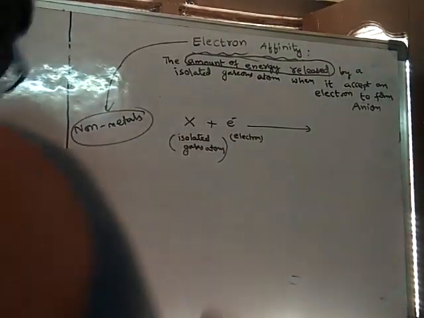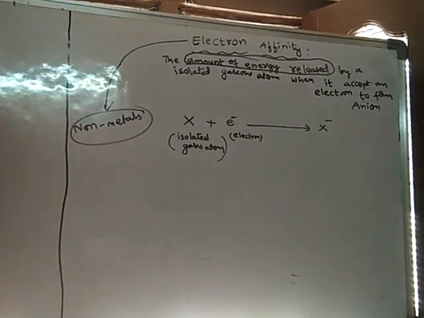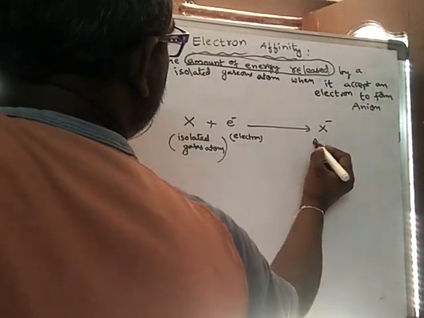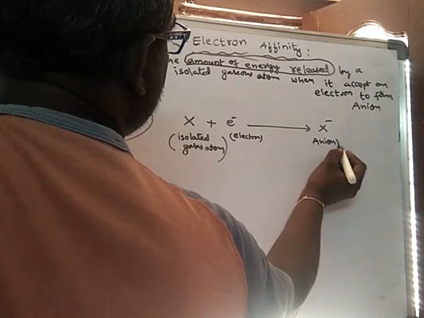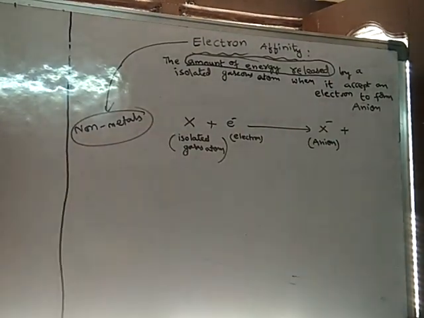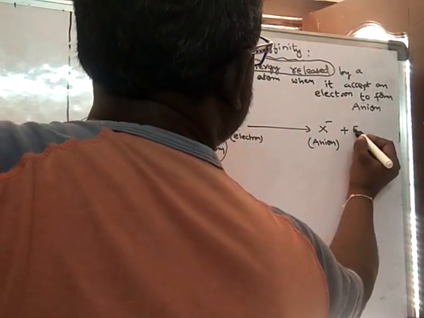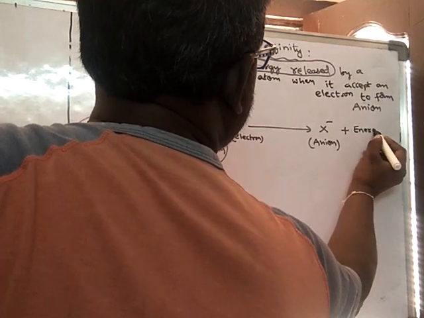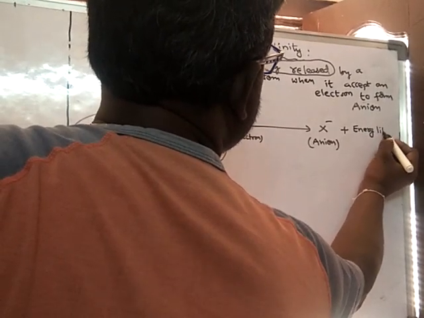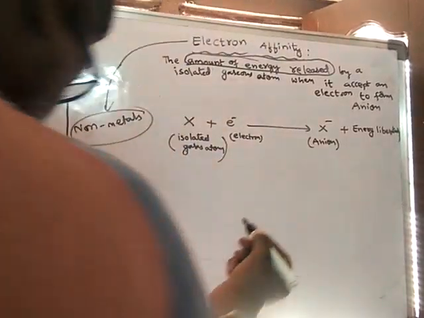It forms X minus. It is an anion. And there is a release of energy. Along with the formation of the anion, energy is liberated, or released.